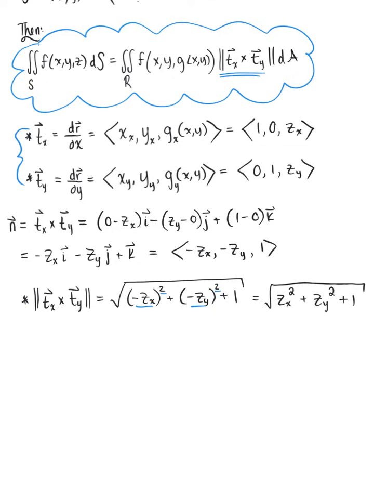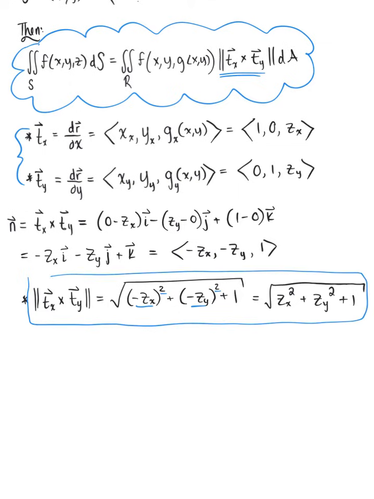All right, so we can now use this magnitude, the magnitude of the cross product of our two tangent vectors, and we'll plug it into the surface integral that we defined above to attain an alternative notation.